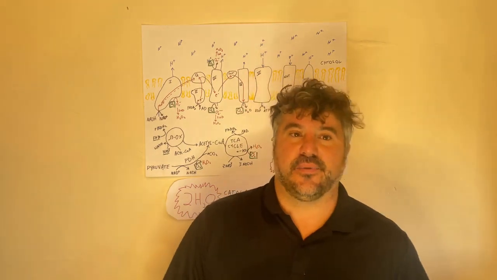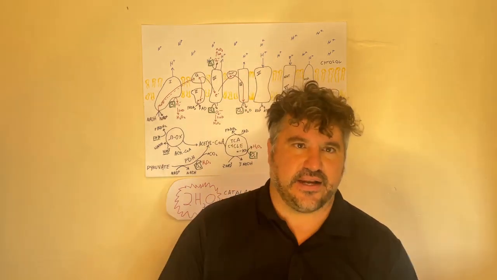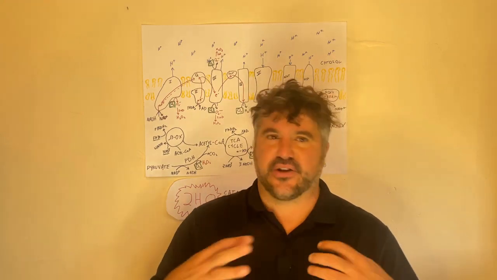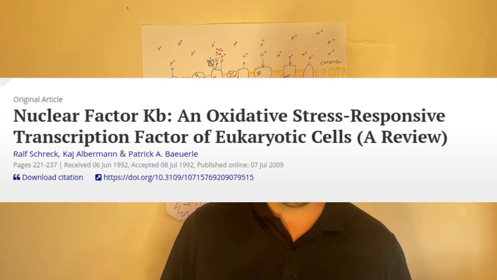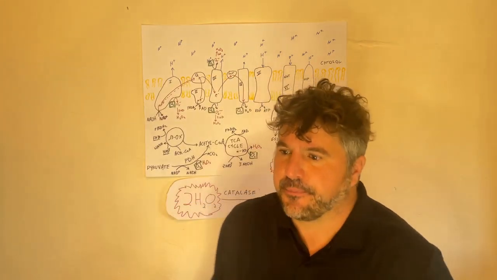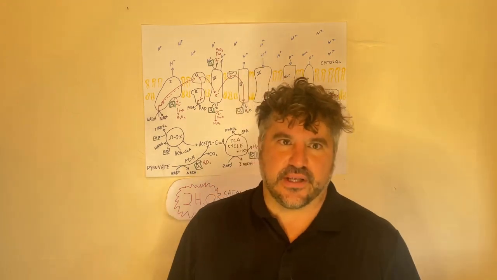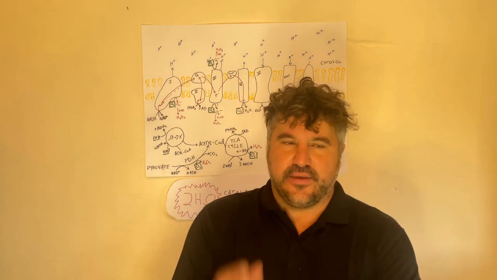For a long time, we thought that oxidative stress activated NF-kappa beta and caused inflammation. There's a review paper about this from 1991 or 1992 talking about exactly that, that oxidative stress is causing this inflammation. This paper refutes that.